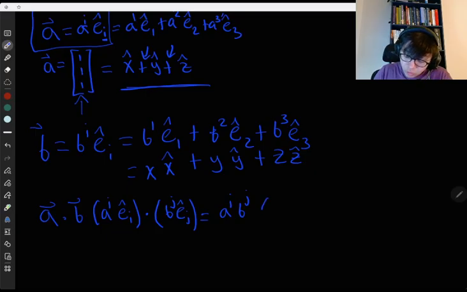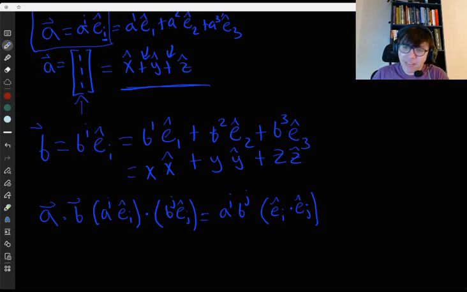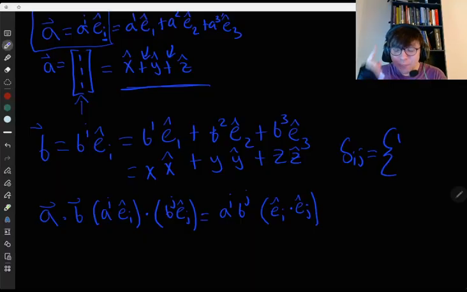And then we're going to introduce this idea that we only want to multiply our unit vectors together, which we introduced above. But now we're going to introduce the Kronecker delta because, remember, the Kronecker delta had the property that it was 1 if i equaled j, and it's 0 if i doesn't equal j.